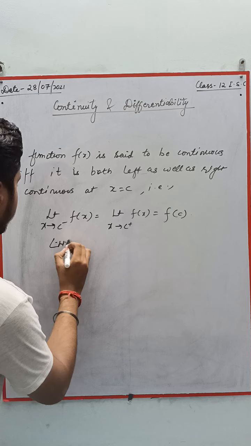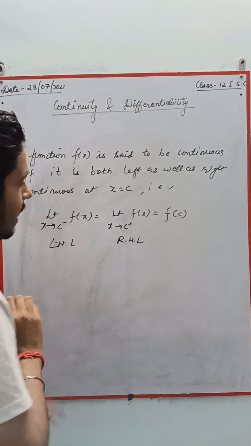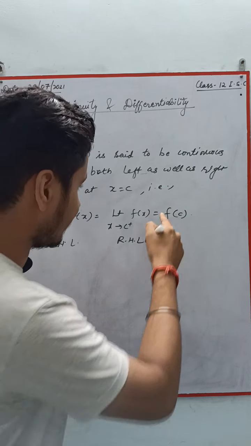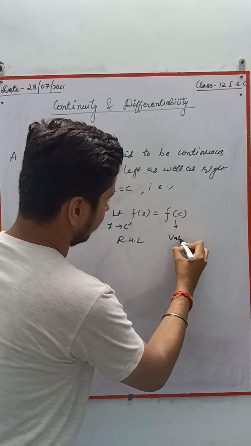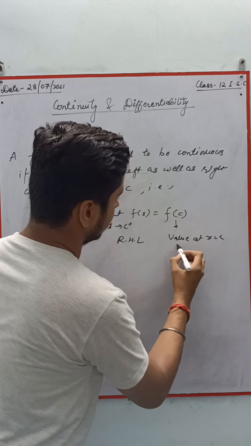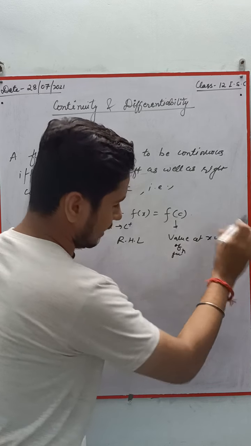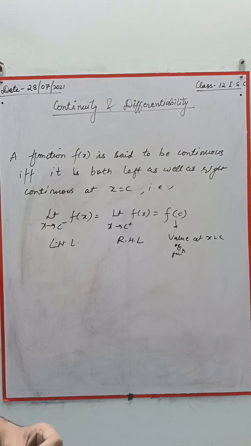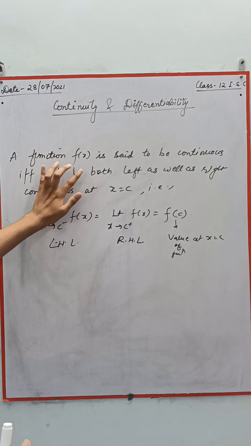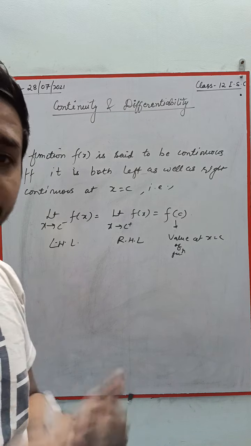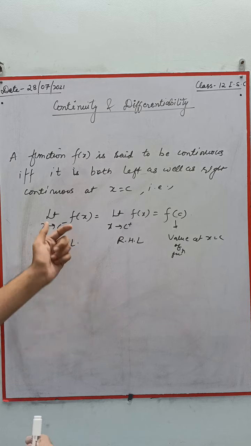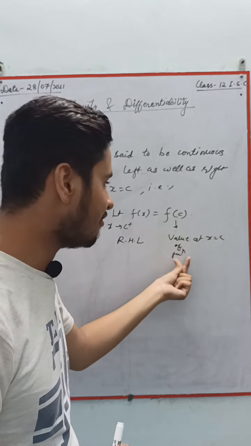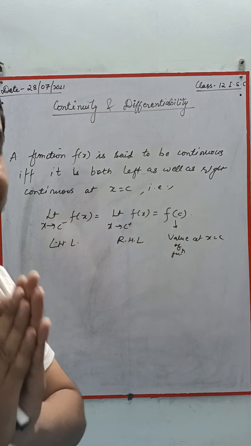This is the LHL, this is the RHL, and this is the value of the function at x equal to c. So what does continuity say? You can call a real valued function continuous only when its left hand limit, right hand limit, and its value at the point, all three, are equal.